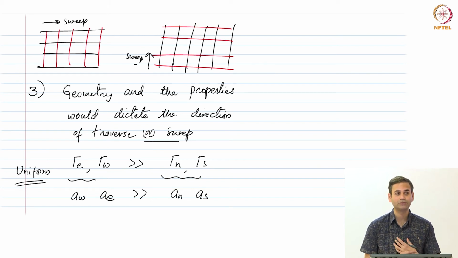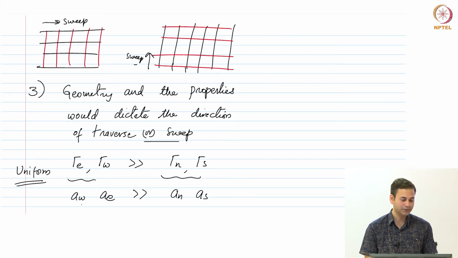Why is it so? Because the coefficients are larger, the boundary condition information will come in quickly. Also, because A north and A south are so small, the errors that you introduce by guessing the values would be insignificant compared to what you would have from A east and A west.